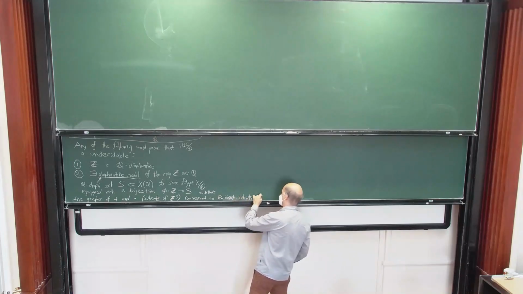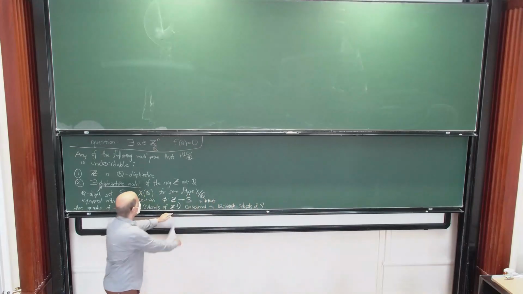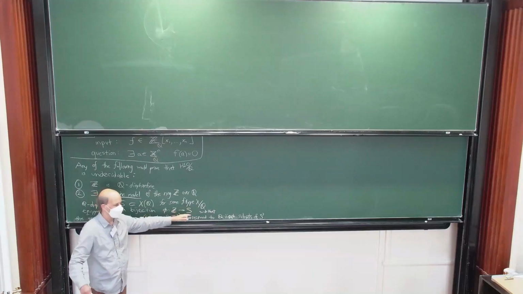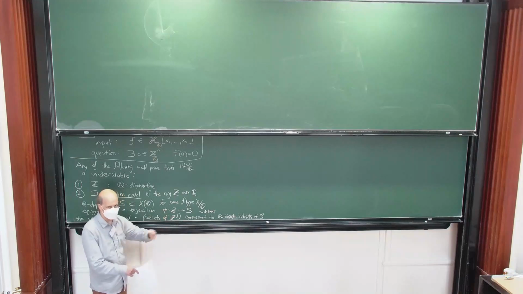That's the sense in which you have a copy of Z inside that's Diophantine and such that you can encode addition and multiplication.